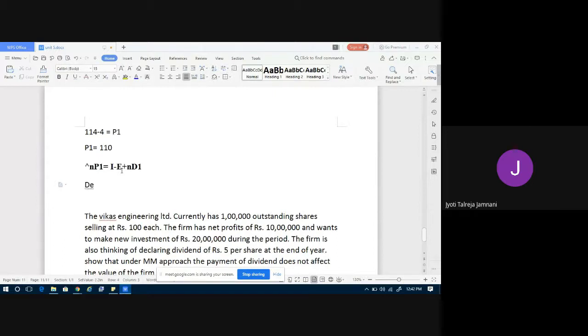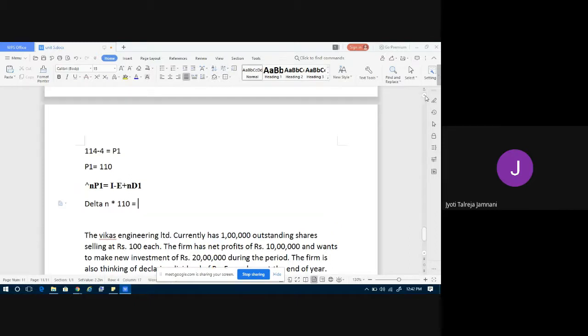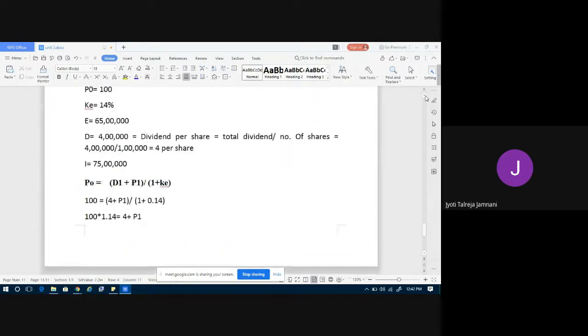Delta N into P1, we have found out it is 110, which is equal to I minus E. So we have to see the investment is 75 lakh, earning is 65 lakh.